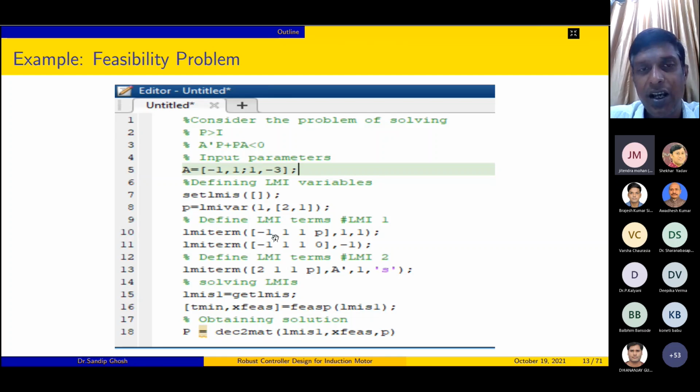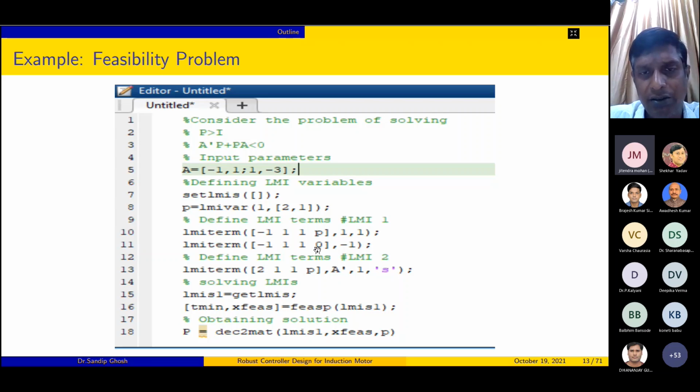Then define these two inequalities, or whatever the inequalities are for you. For this case, these two are the inequalities. The first one is defined as P greater than I, and this is the corresponding syntax. The second one is defined using A transpose P plus PA less than 0.